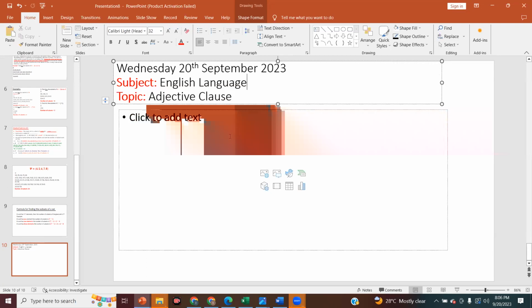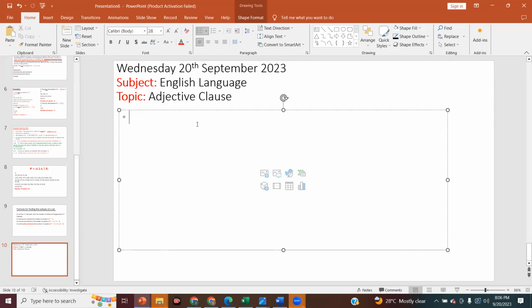So an adjective describes a noun. So what do you think an adjective clause is going to do? It's going to describe a noun.